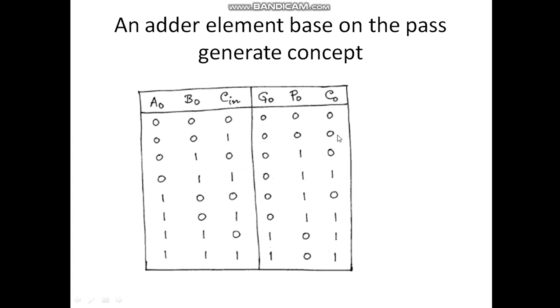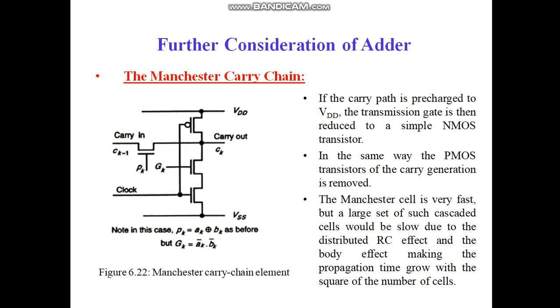So let us see whether we are getting the output as 0. When A and B are 0, Gk is equal to Ak bar into Bk bar, that is 1 into 1. That means during the execution phase, Gk is turned on. When Gk is turned on, there is a path to ground and the output carry out is pulled down to ground. So C out is 0.